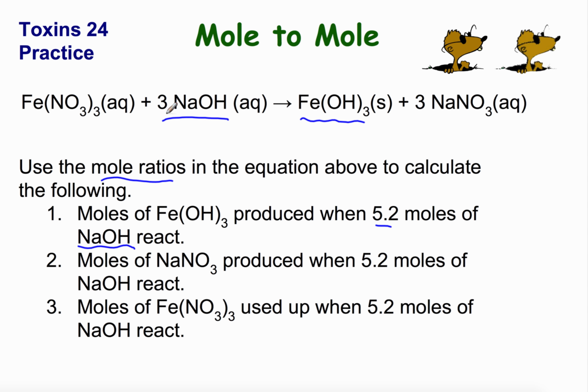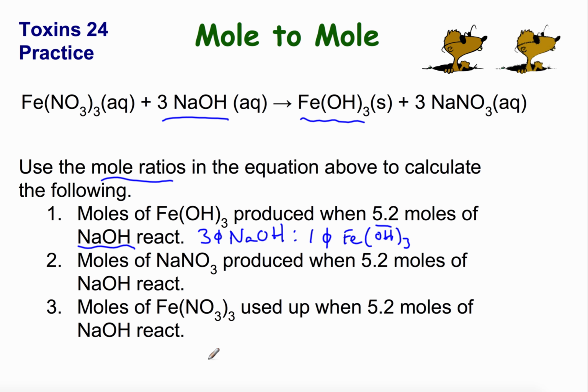Let's look at our mole ratio. Our mole ratio says that 3 moles of NaOH produce 1 mole of Fe(OH)3.